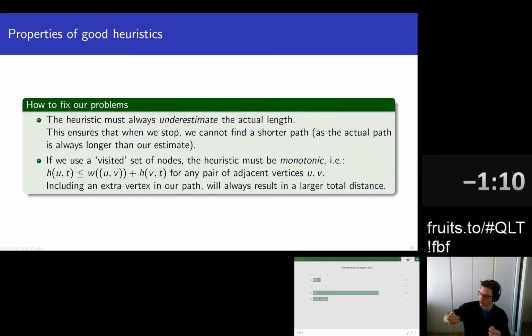So going via some other vertex must always be more, or must at least be equal or potentially more. It's basically a way of keeping our heuristic consistent, if you will. So including an extra vertex in our path will always result in the same or a larger distance.